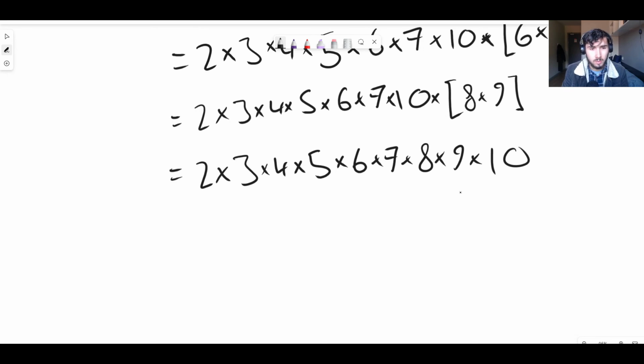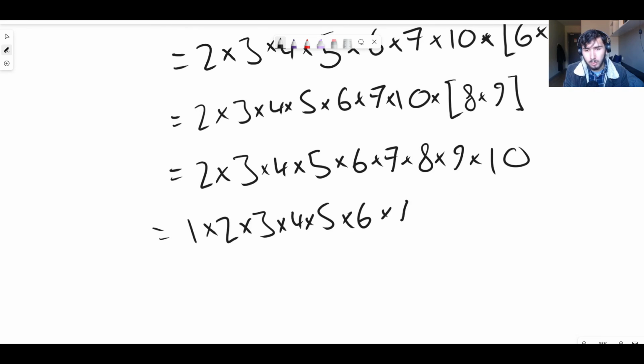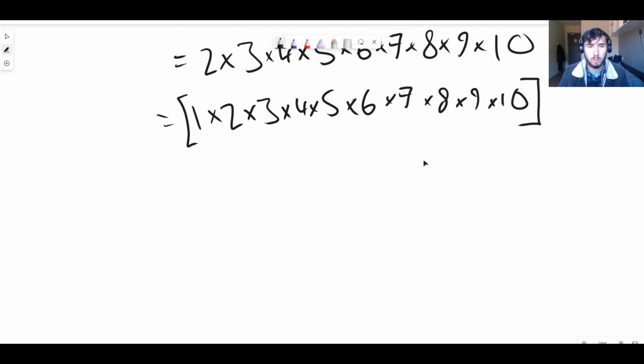And that's it, guys. And this is obviously the same as 1 times 2 times 3 times 4 times 5 times 6 times 7 times 8 times 9 times 10. Like, we're just timesing it by 1, but now it's very clear to see that this thing is indeed equal to 10 factorial.